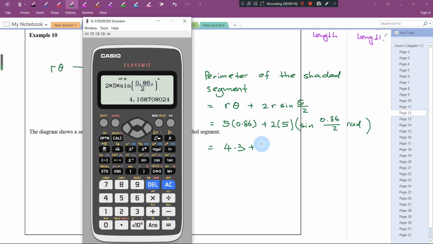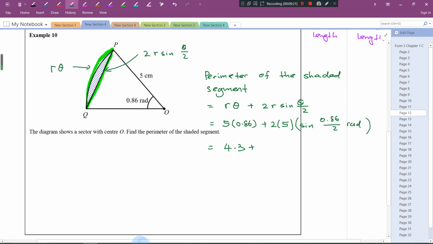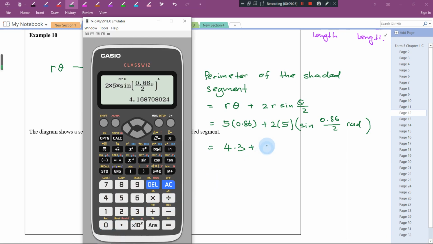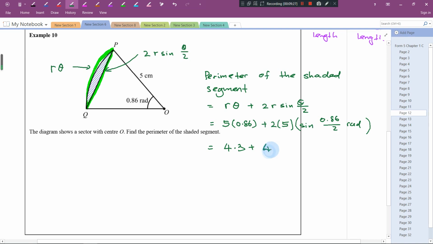Press equal. Okay, let me read again: 4.1687. Then just plus them together: 8.4687 centimeters.